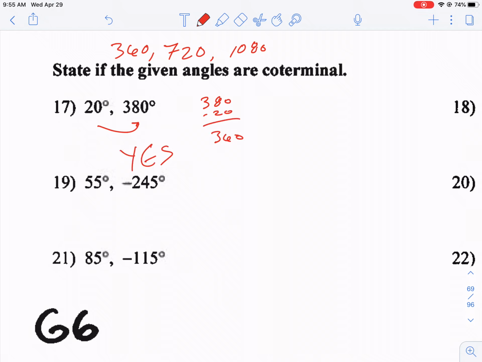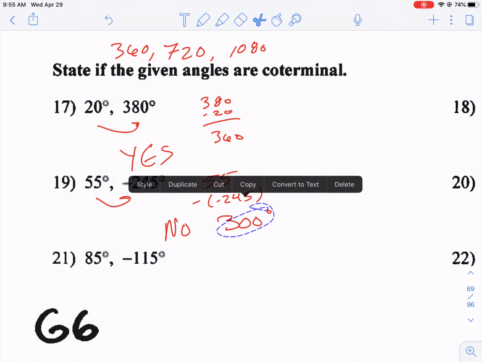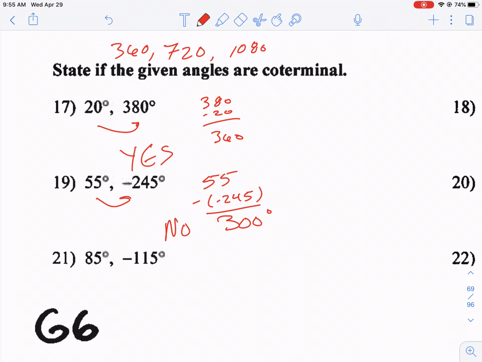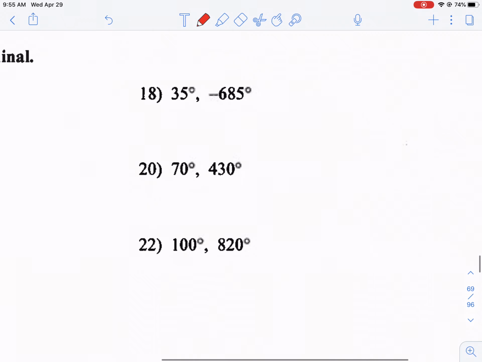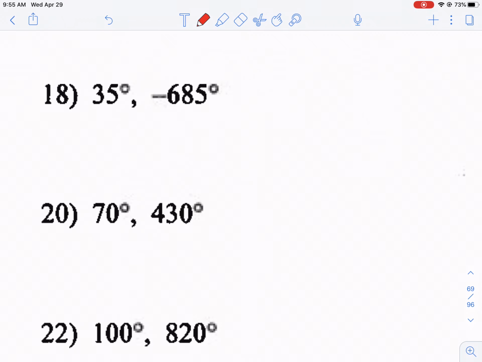So yes, they are. If I take these two angles right here, and I take 55 minus a negative 245, they are 300 degrees apart, so no. This should really be over here. And so all we're doing here is determining, are they that many degrees apart?